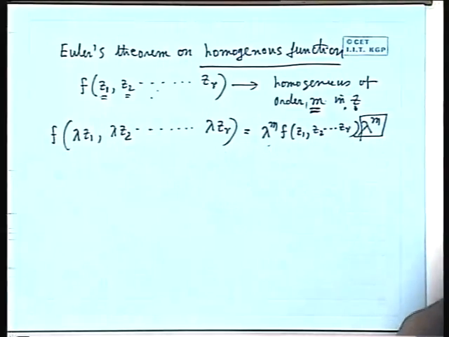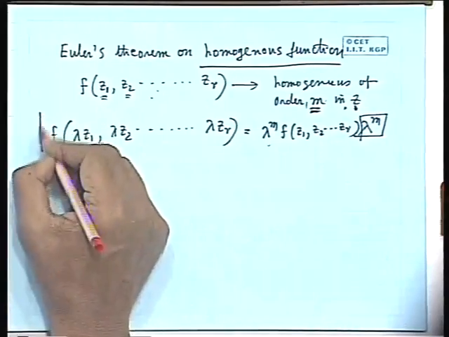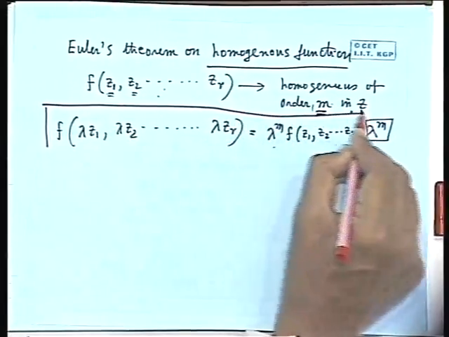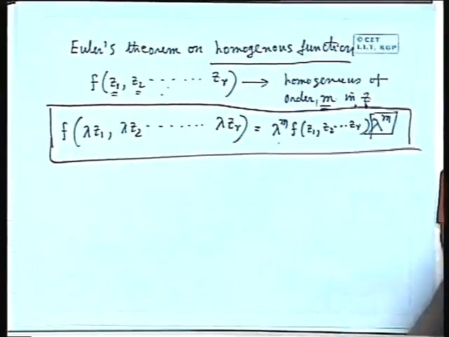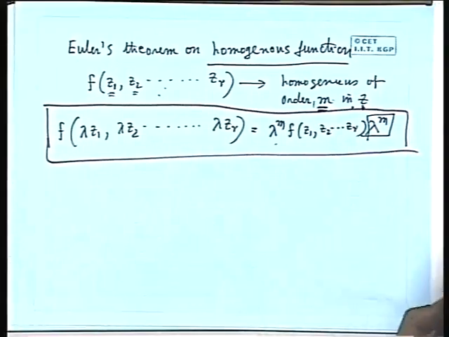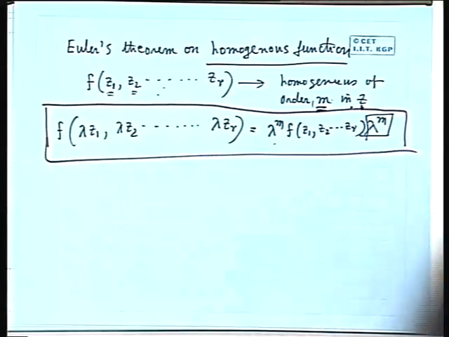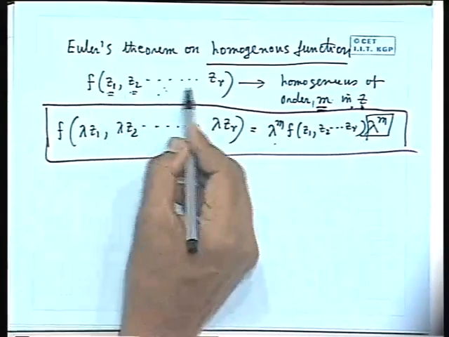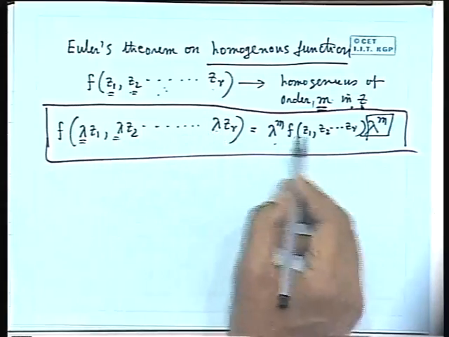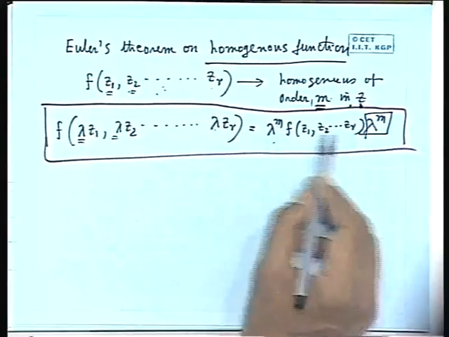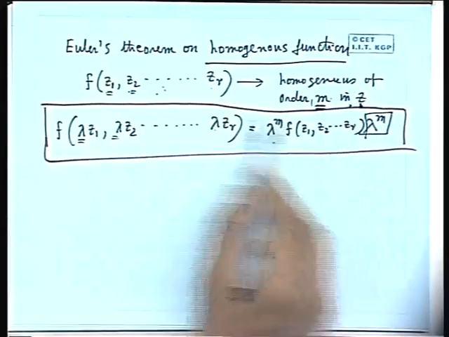This is the definition that the function f is homogeneous of order m. This is a recapitulation of basic mathematics: for a function of multiple variables, homogeneous of order m means that if all the independent variables are multiplied by some constant lambda, then the function becomes multiplied by lambda to the power m. This is the definition of homogeneity.